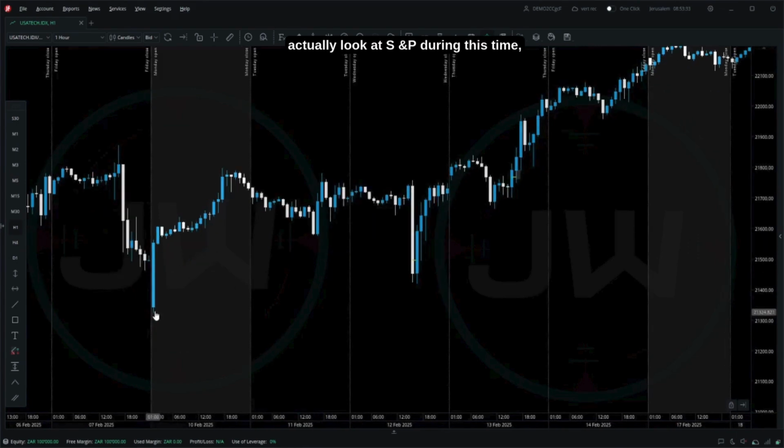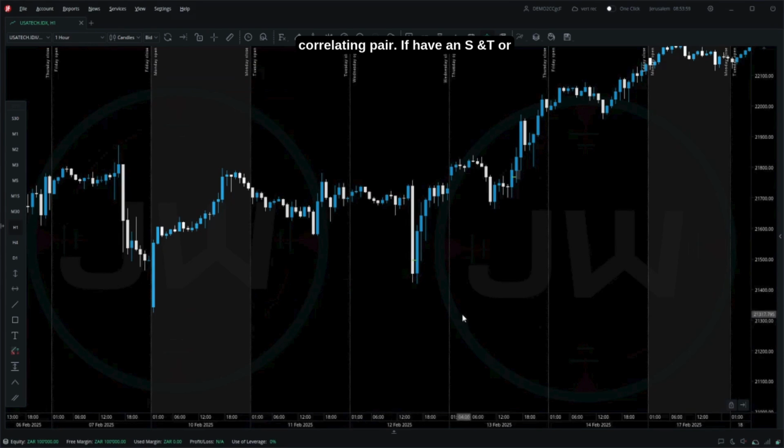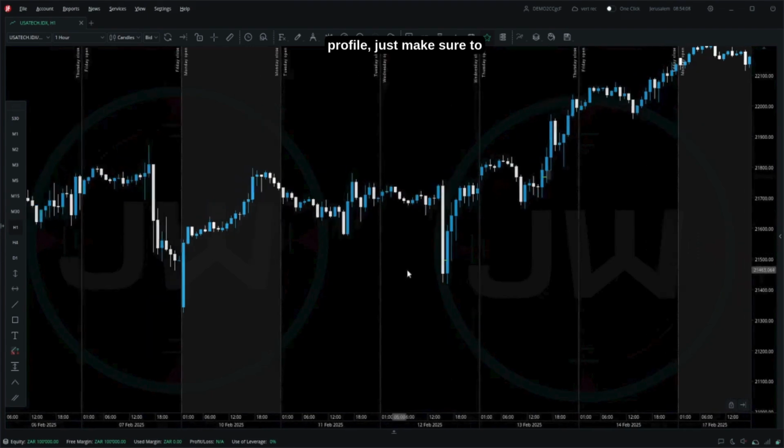So if we actually look at S&P during this time, we actually have an SMT, which further confirms our Wednesday reversal. So if it's hard to spot the reversal, just check with your correlating pair if you have an SMT or if the other pair is creating a different profile. Just make sure to check that.